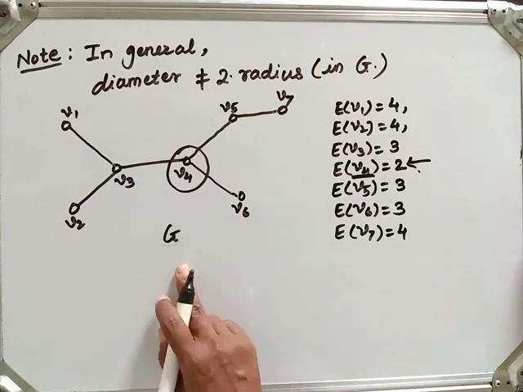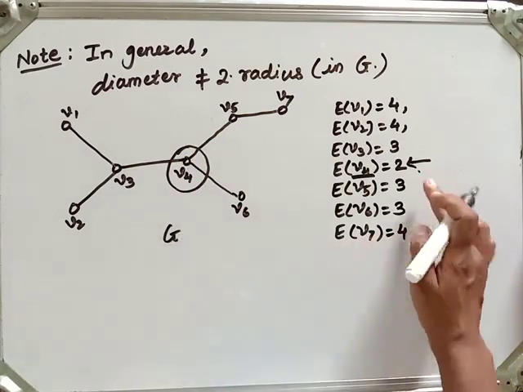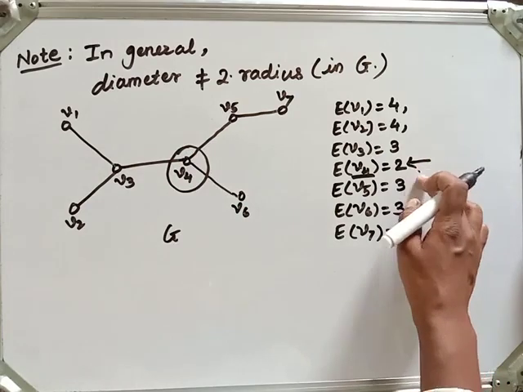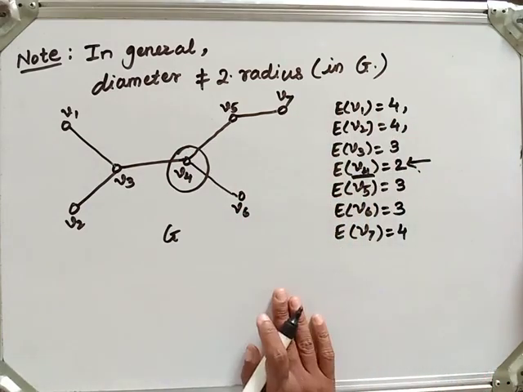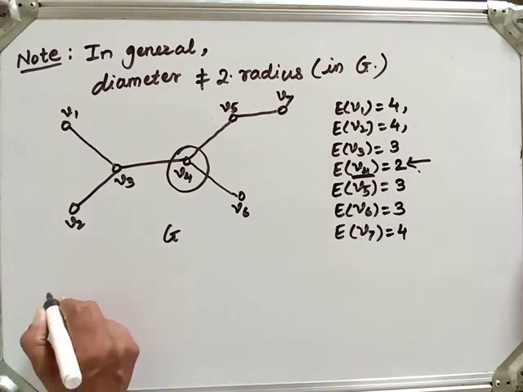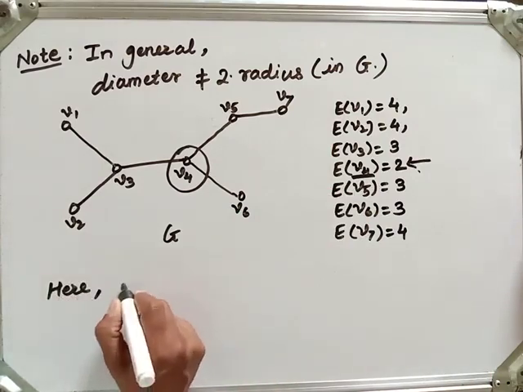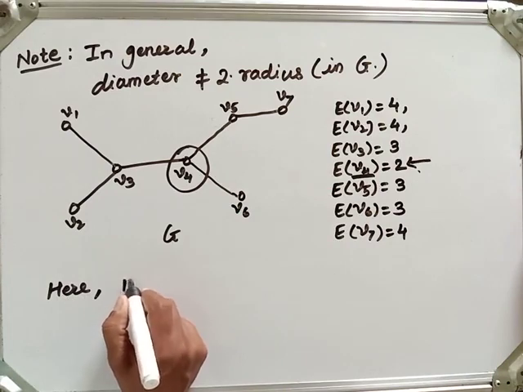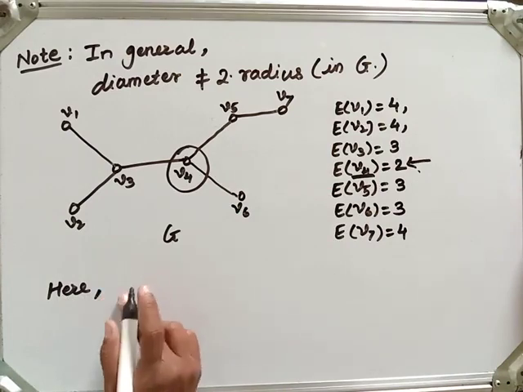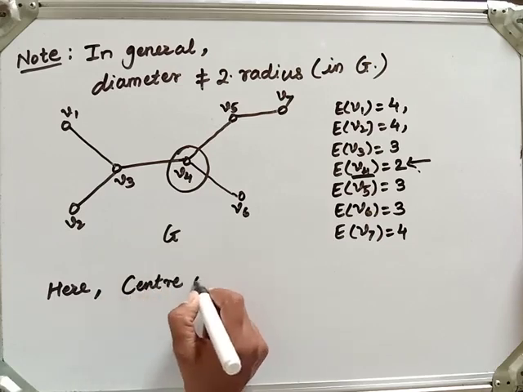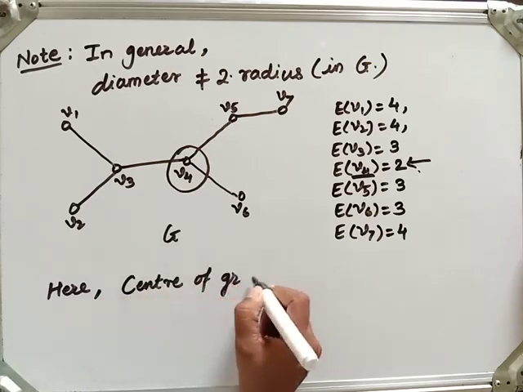Center of this graph G, and the eccentricity of a center is nothing but what? The radius, right? So let me write the center first.